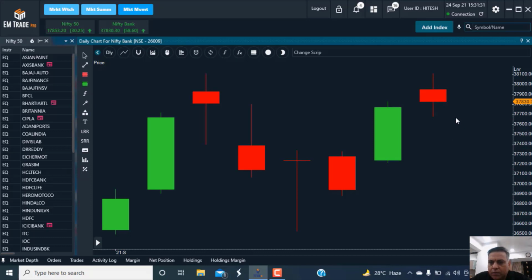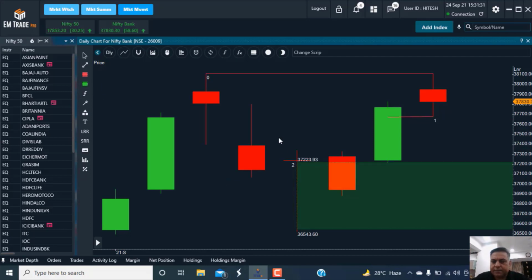Whenever we have a spinning top, we always need a confirmation. A break above the high means the indecisiveness is resolved in favor of buyers, or a break below this low indicates it has resolved in favor of sellers, and we can see a correction way down till where we started the rally.